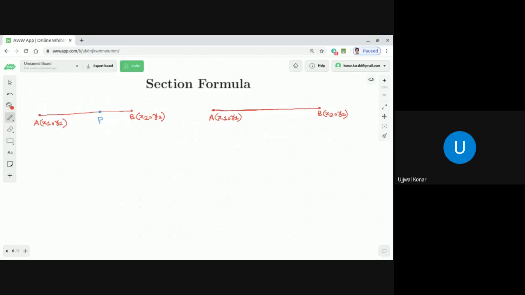But here also you get a point P, but that point P is not in between the line segment AB. If you extend the line segment AB, suppose you extend like this, you get somewhere this point. Let me draw it properly.